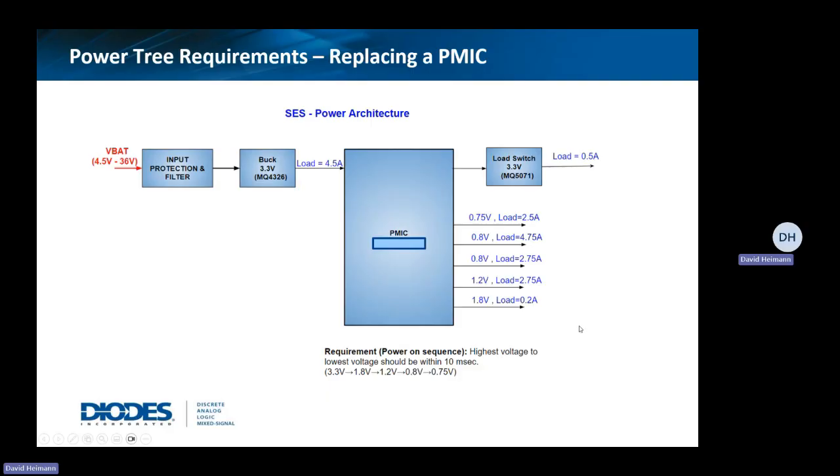They also add additional functionality by giving you the ability to throttle the Vcore voltage depending upon the performance requirements of whatever application is running on the processor at that given time.